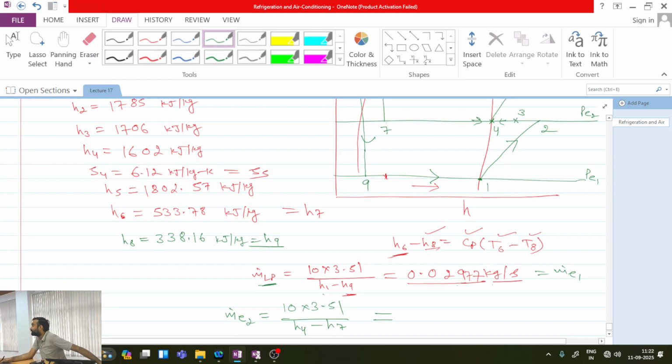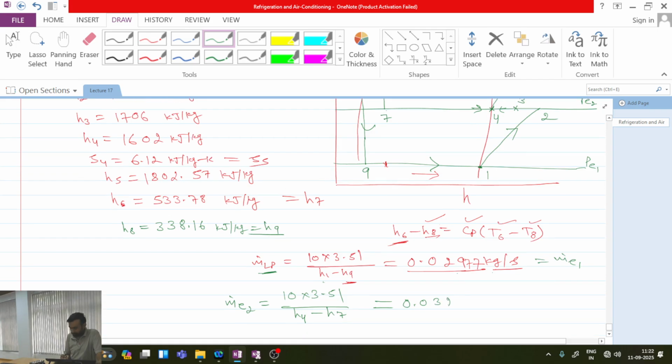Please tell me how much it is. 0.032 kg per second.